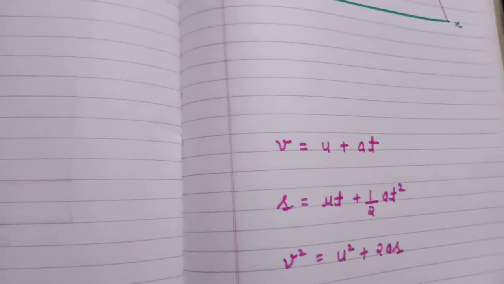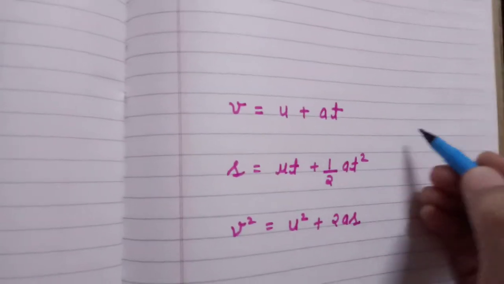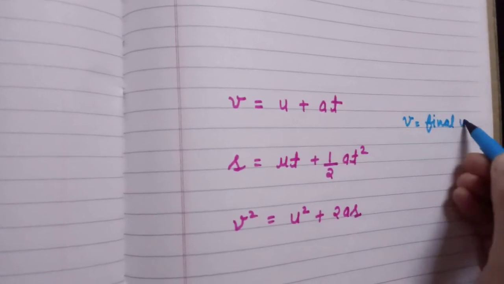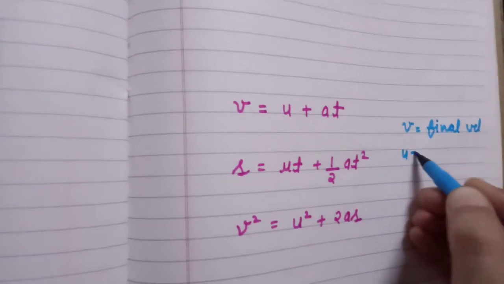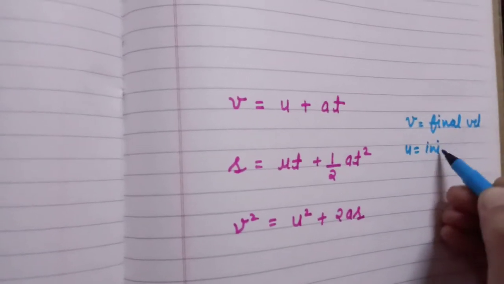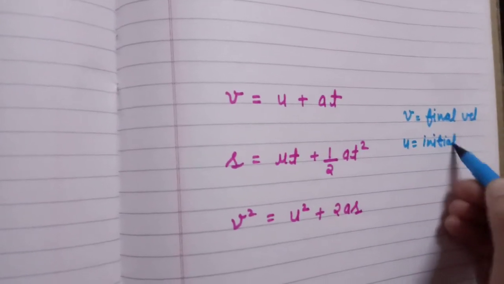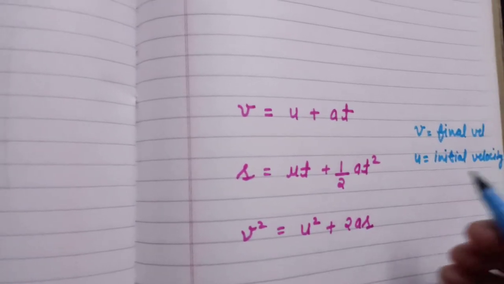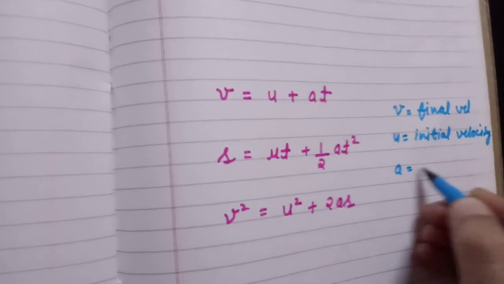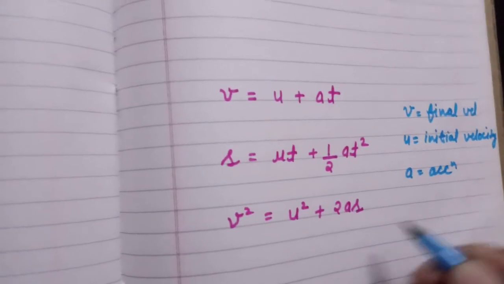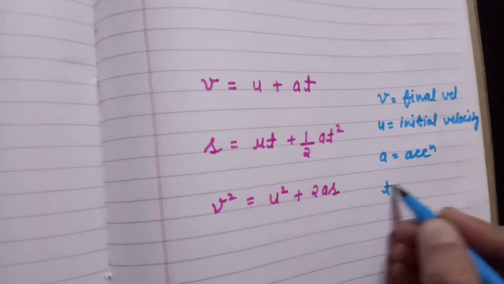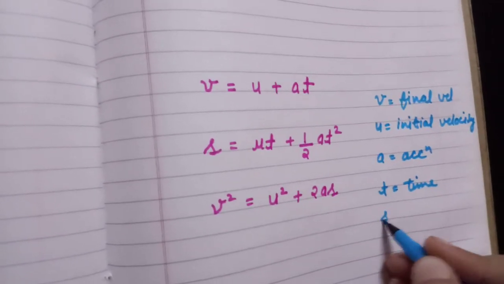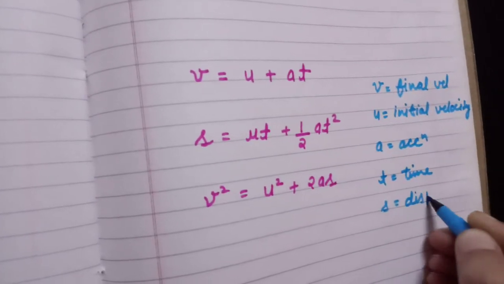where V is equal to final velocity, U is equal to initial velocity, A is equal to acceleration, T is equal to time, and S is equal to displacement.